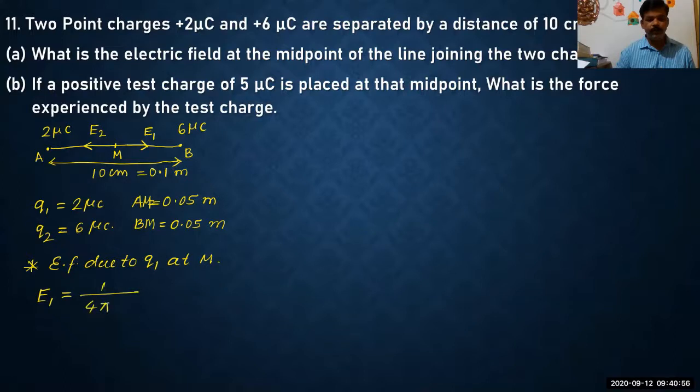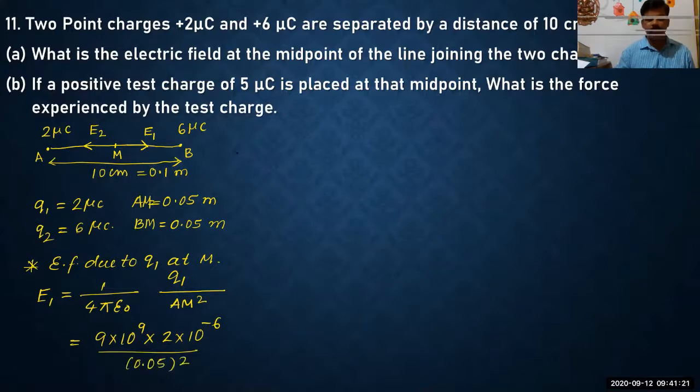The formula is 1 divided by 4 pi epsilon naught, Q1, divided by the distance between A and M whole squared, AM square. Substitute the values: 9 into 10 raised to 9, into Q1 which is 2 into 10 raised to minus 6, divided by AM, 0.05, whole square. Any doubt here?